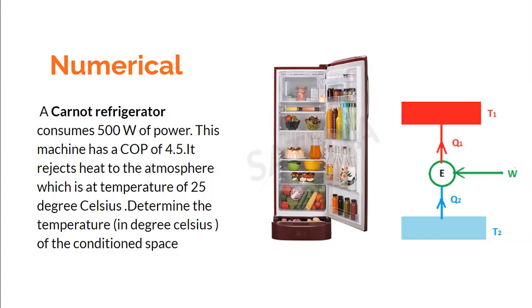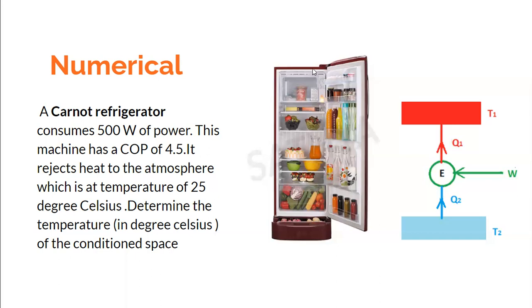The maximum coefficient of performance of this refrigerator is 4.5. So this refrigerator can be assumed to be an ideal refrigerator whose coefficient of performance is the maximum possible, which is 4.5. And you know that this refrigerator would reject the heat.